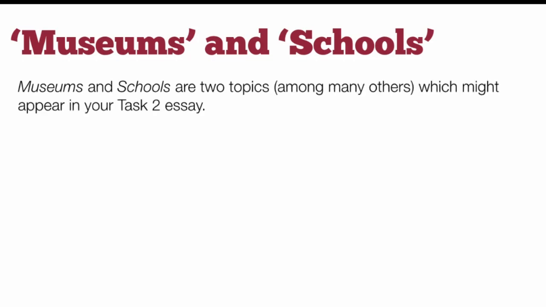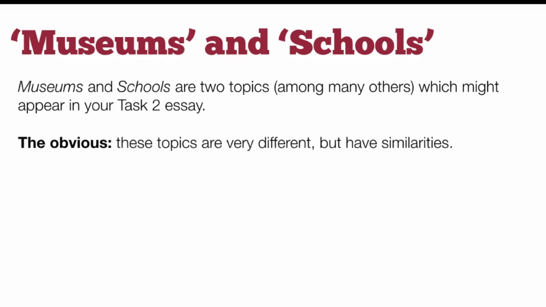So let's get started by thinking about two topics, museums and schools. These are just two topics I've picked at random, as they are two typical topics which may appear in your task 2 question, but of course there are many other topics which might appear instead. Now, what's obvious is that these two topics are very different, but that they have similarities.